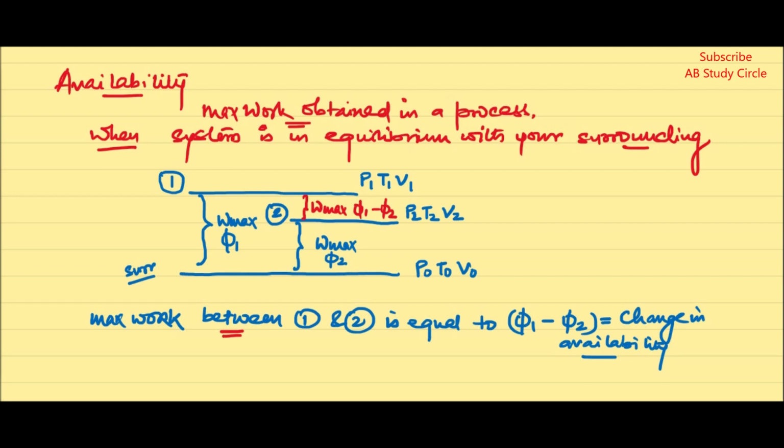So this is what availability is. The availability is nothing but the maximum work that is obtained in a process when the system comes in equilibrium with the surrounding. Let's have the case for a closed system and find out what will be the availability of a closed system.